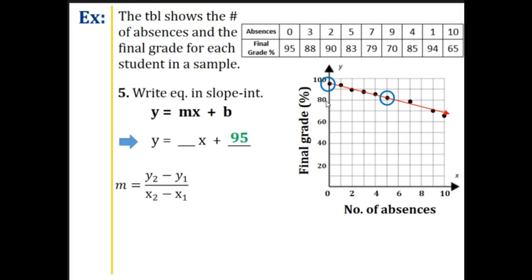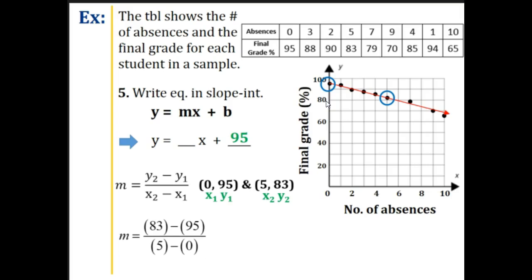So I can use this formula, can I not, and those ordered pairs to find my slope? Absolutely. So I'm going to label x1, y1, x2, y2. I already wrote my equation, so I'm going to substitute my values. Go ahead and substitute your values and solve and tell me what your slope is.